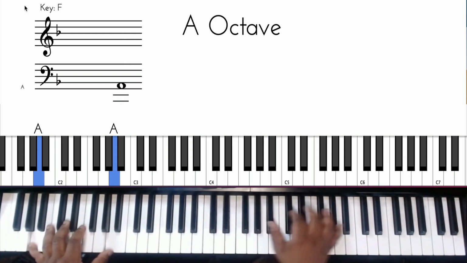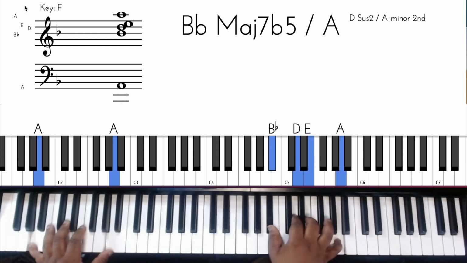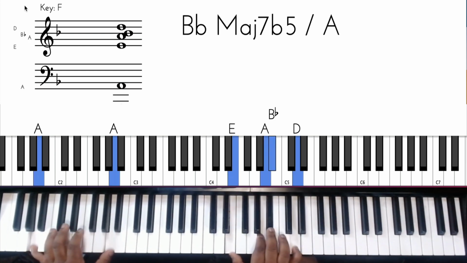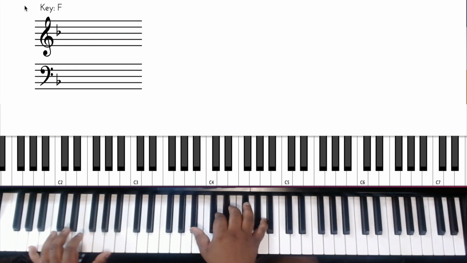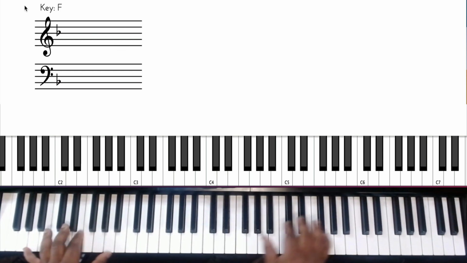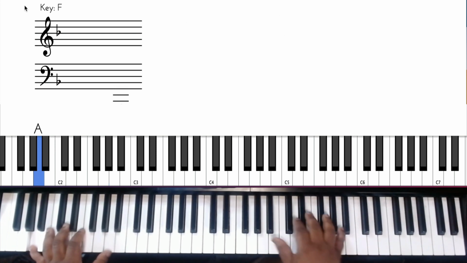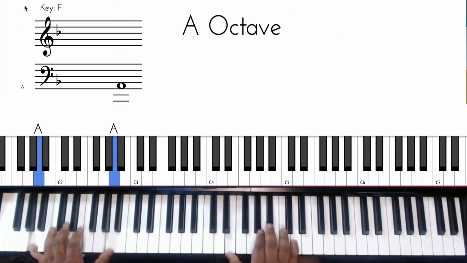Basically what I did was take it up an octave, the same chord. You know what I mean? Or you could hit it on this one. Same chord, just a different version. So the E, A, B flat, D. You have the D on top, and on this one you have the A on top. I'm just going through the inversions.